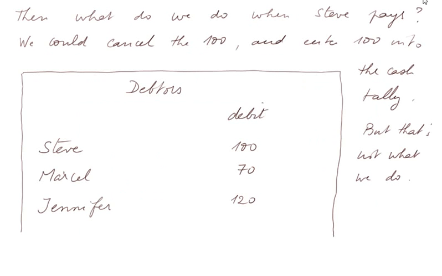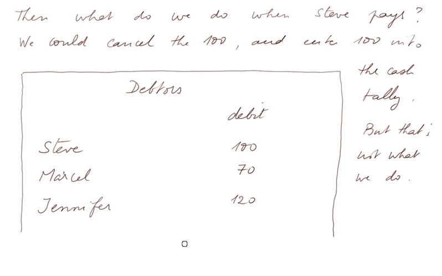Next question, of course. What do we do when Steve pays? We could, of course, cancel the 100 and enter 100 into the cash tally. That is, we would cross off Steve here, and that would leave somehow the page debtors.